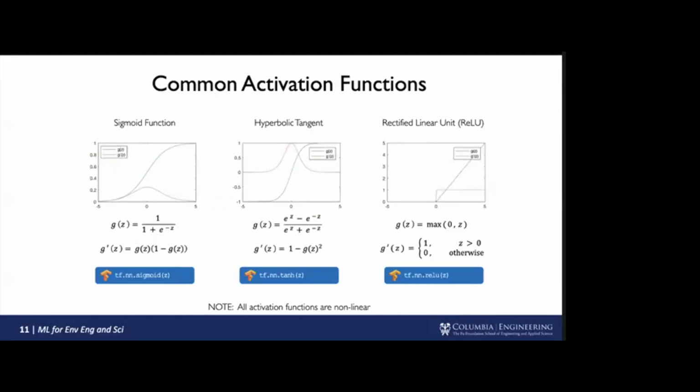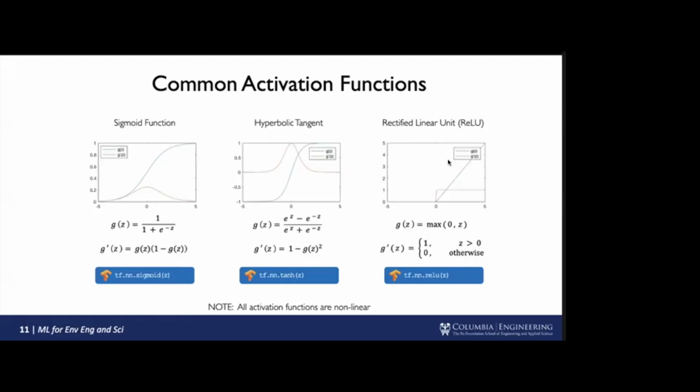It was used heavily in early neural networks, especially for probabilistic output. In the middle is the hyperbolic tangent function. It's similar to sigmoid, but its output ranges from -1 to 1 and is centered at 0, right? This often makes optimization easier than sigmoid.